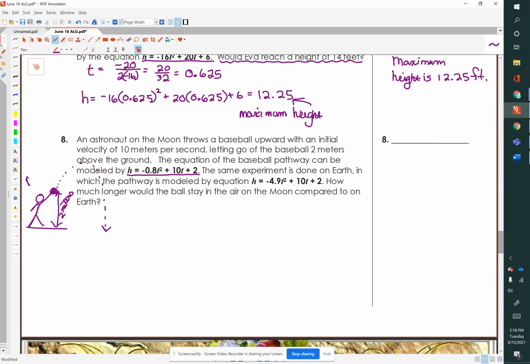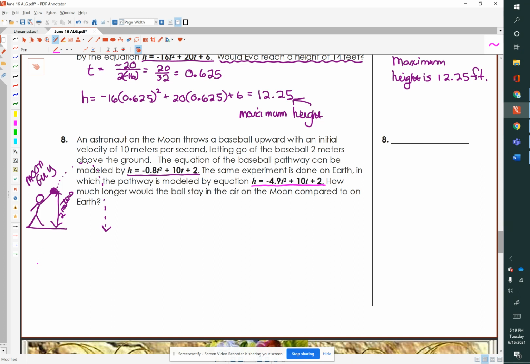So here's our moon guy. Well, it looks like we also have an Earth guy. The same experiment is done on Earth. Maybe it's a woman doing it on Earth, in which the pathway is modeled by the equation h equals negative 4.9t squared plus 10t plus 2.